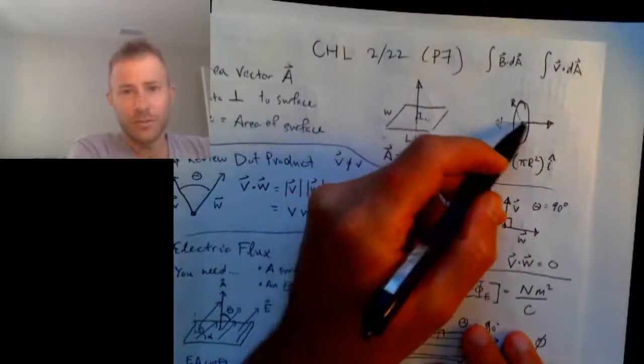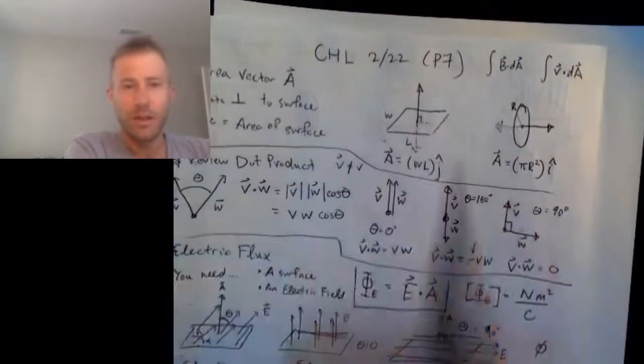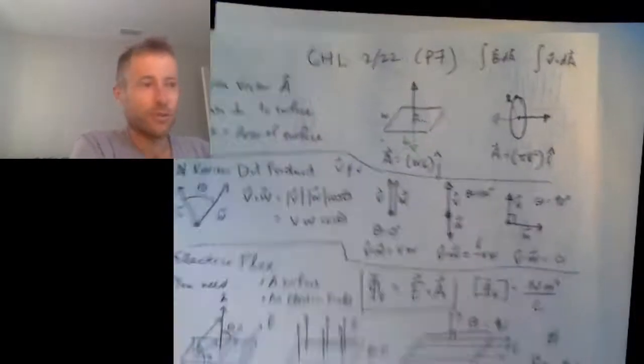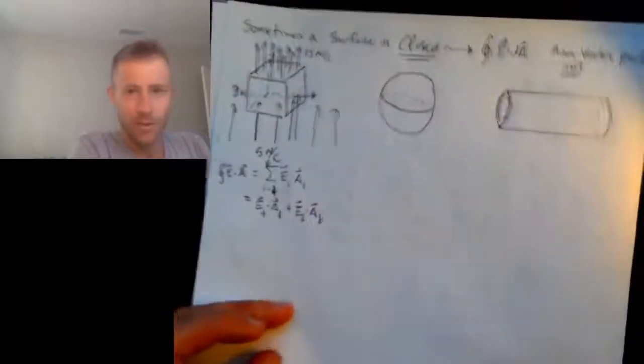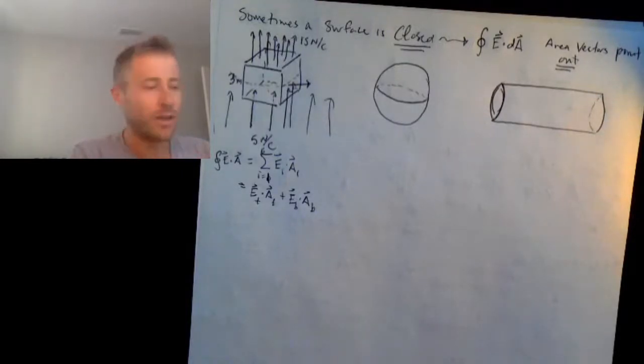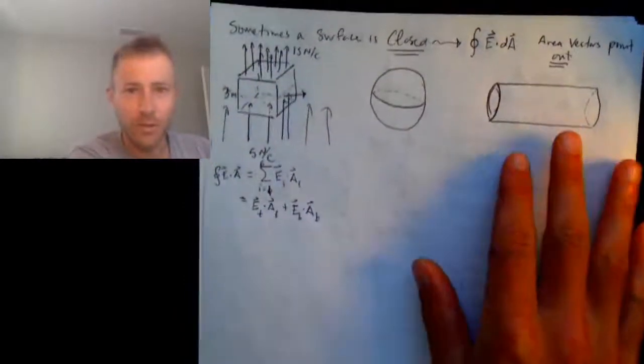One goes one direction perpendicular, the other one goes the other direction. And there's no real difference between the two if you have an open surface. But if you have a closed surface, then you define an inside versus an outside, and so now we can uniquely say what the area vector is. The convention is that the area vector points out towards the outside.